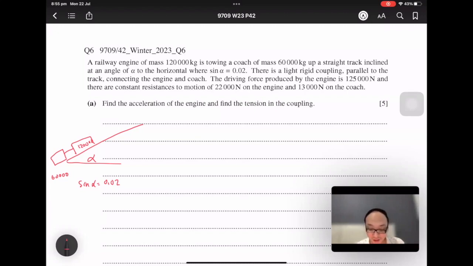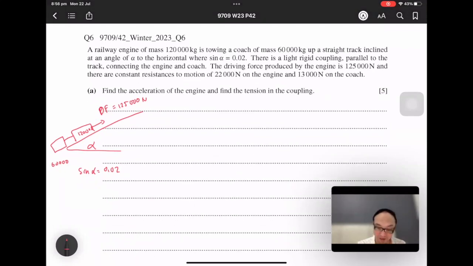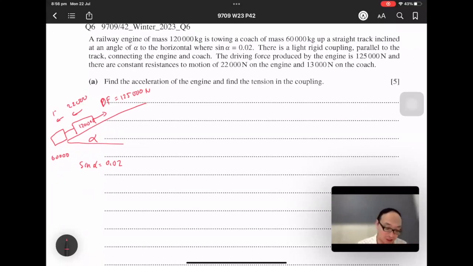The driving force produced by the engine is 125,000 newtons, and there are constant resistances to motion of 22,000 and 13,000 newtons. Find the acceleration of the engine and find the tension in the coupling.